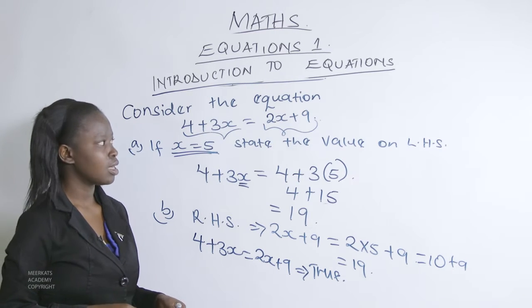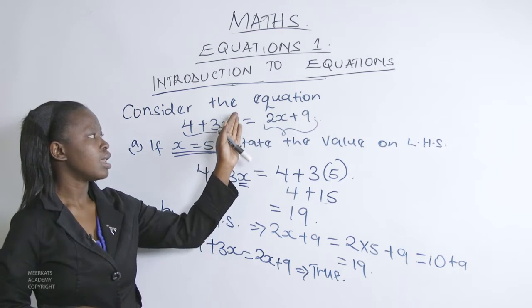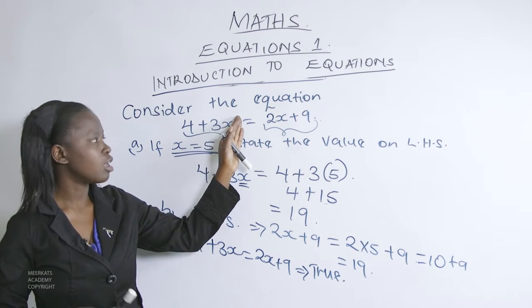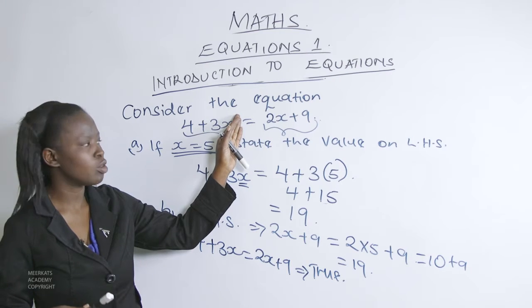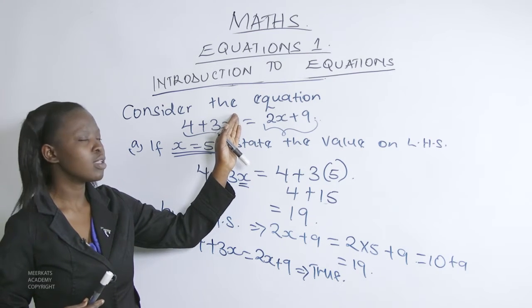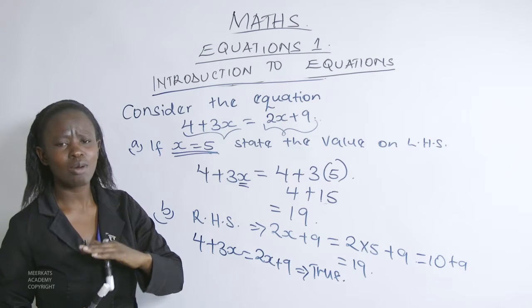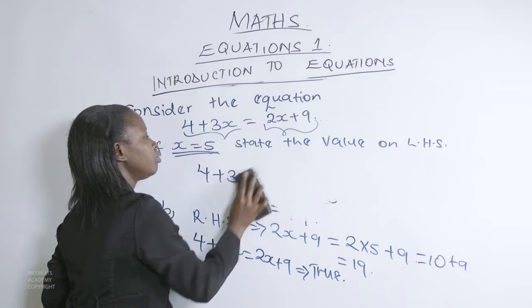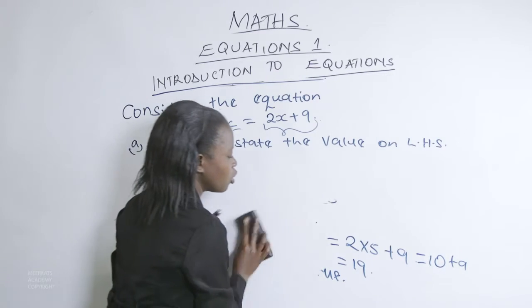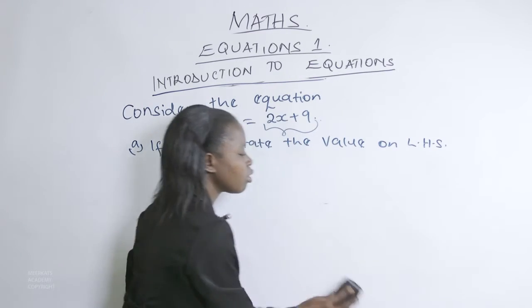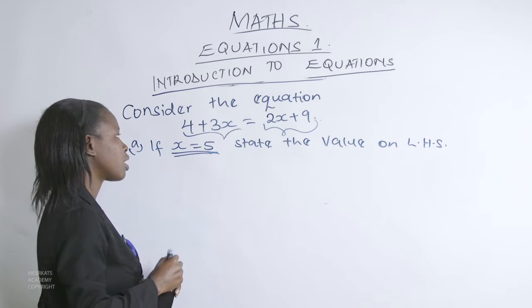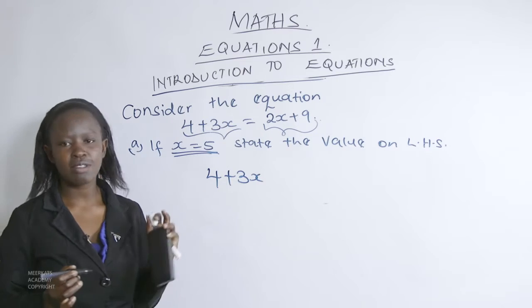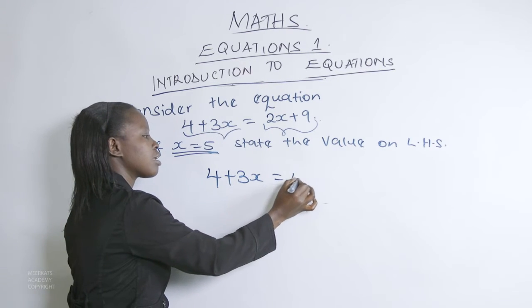We are simply saying an expression is a collection of numbers and pronumerals, and so on. So when you have that collection without an equal sign, for instance, a collection of numbers and pronumerals but without an equal sign, like 4 plus 3x, then 4 plus 3x is an expression.